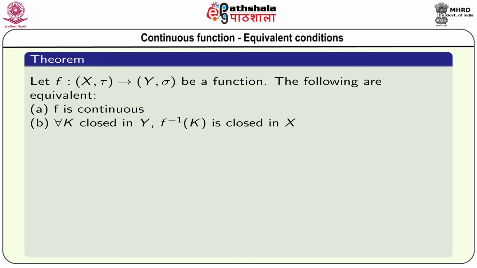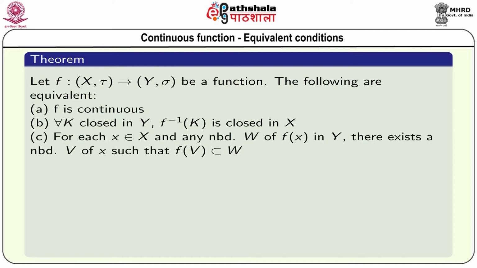The function f is continuous if and only if for every closed set K in Y, f inverse of K is closed in X. That is, if and only if for each point x in X and any neighborhood W of f(x) in Y, there exists a neighborhood V of x such that f(V) is contained in W.